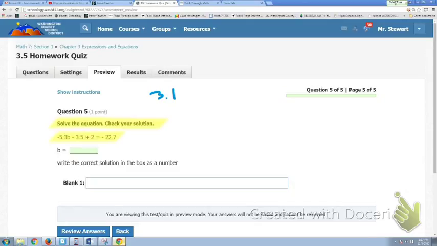You've got yourself a term here and a term here that can be combined because they are alike, and that'll simplify things into just a single expression where you've got a negative 5 and 3/10 b, and then a negative 1 and 5/10. So you're going to simplify first. So simplify that first, and that should be better for you.